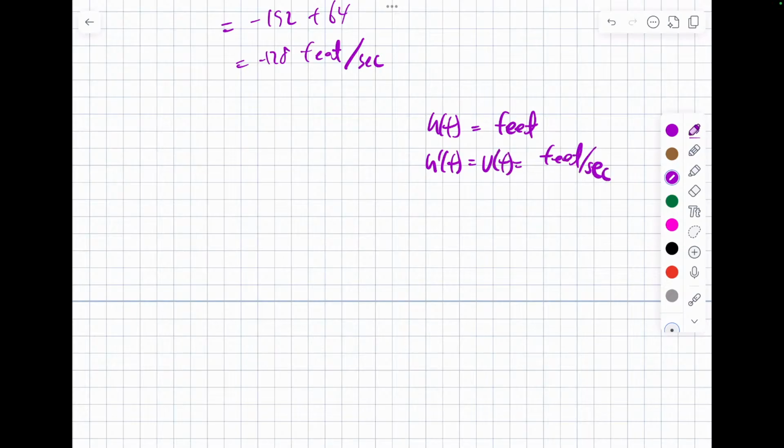Because you take it with respect to time. So h double prime of t, which is the v prime of t, which is equal to a of t, is equal to feet per second squared, because you take it with respect to time again. So that's why the unit keeps on going, second and second squared. Great question. Any other questions?